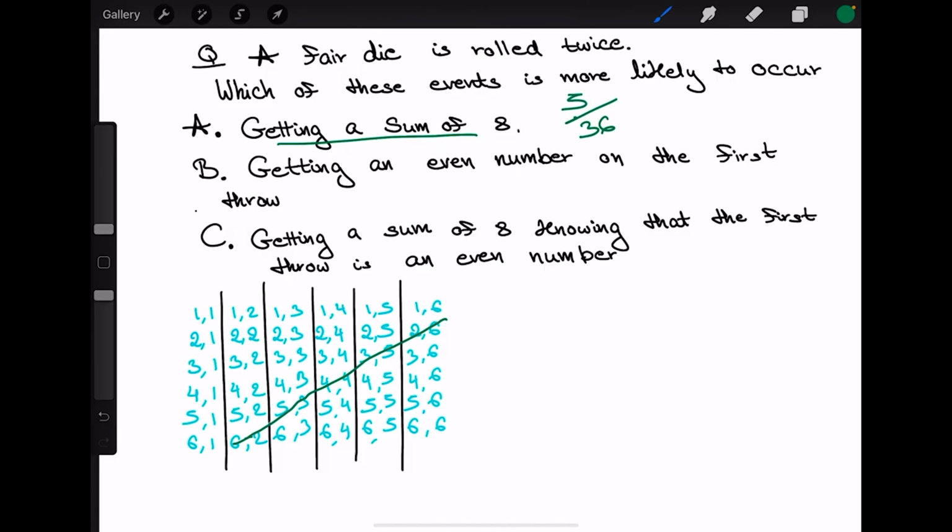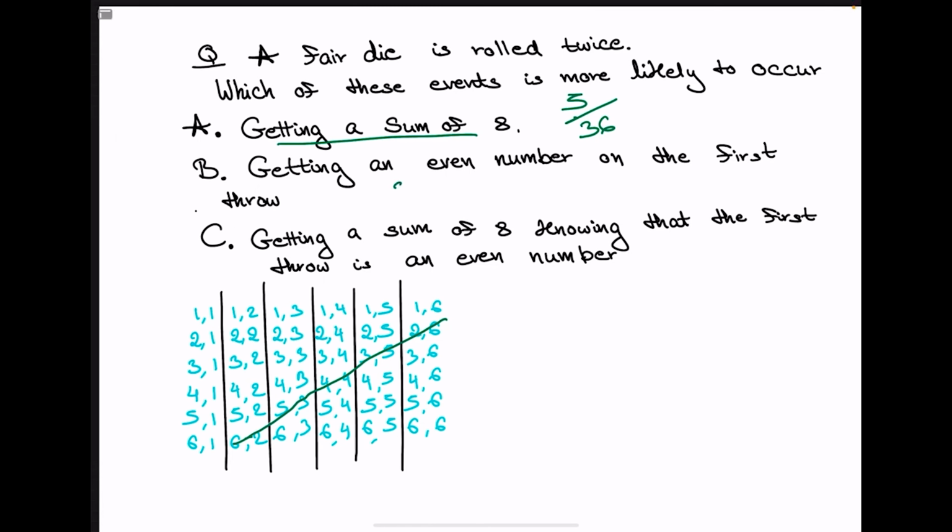So you can get either 2, 4, or 6, and you have a total of 6. So 3 events, which is 2, 4, and 6, divided by a total 1, 2, 3, 4, 5, 6. If you simplify, 1 over 2. That's the probability of getting an even number on the first throw.